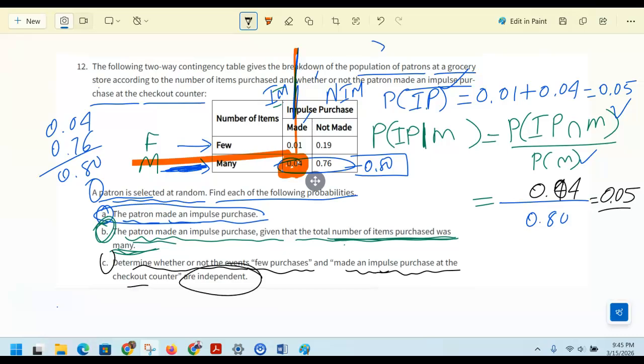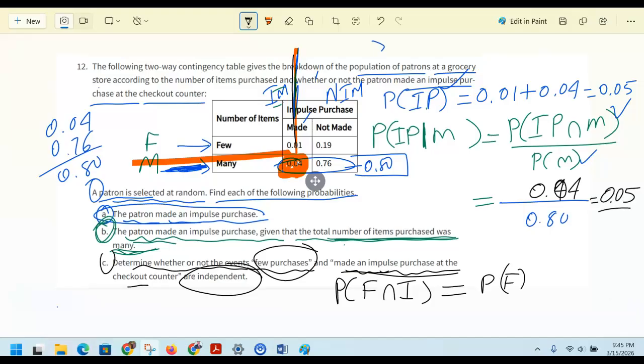The last question is to determine whether few purchases and making an impulsive purchase are independent. What it is asking is: few purchases is F, and made impulsive is I, and is the probability of F and I really equal to the probability of few purchases times the probability of I?